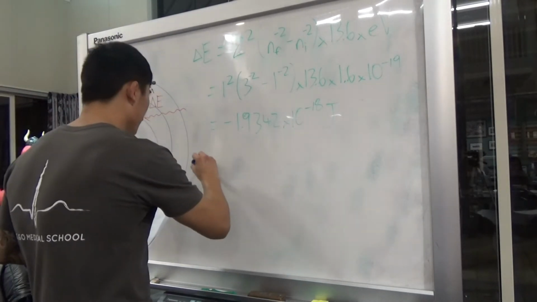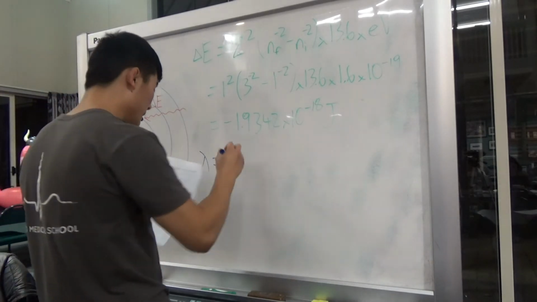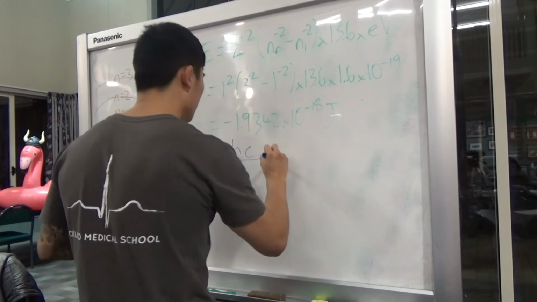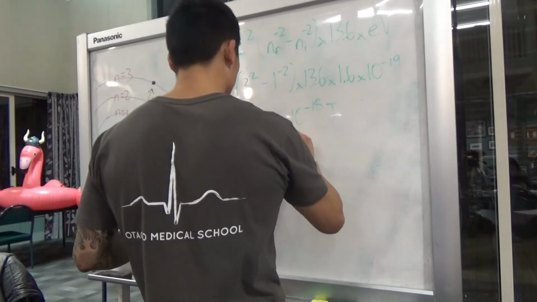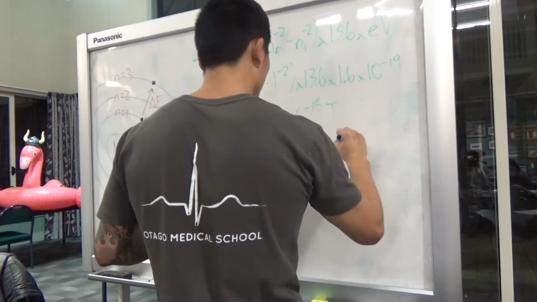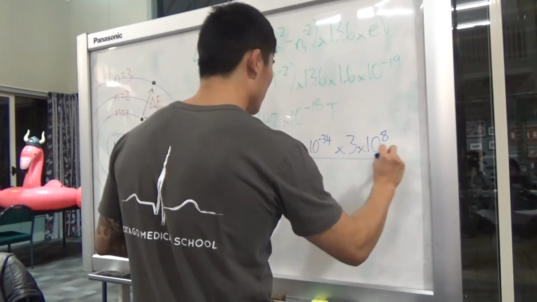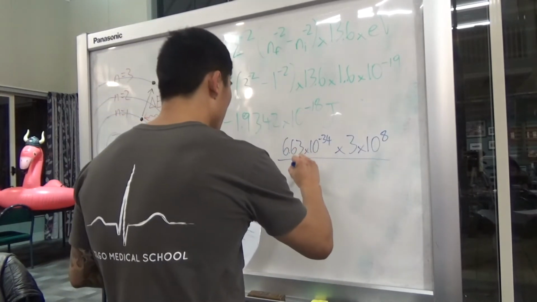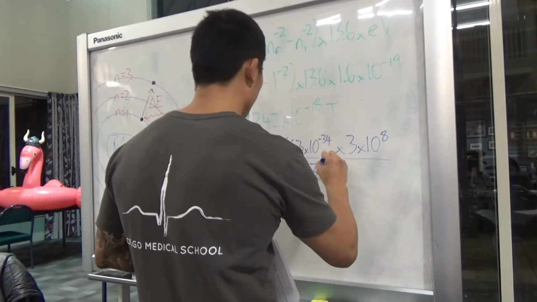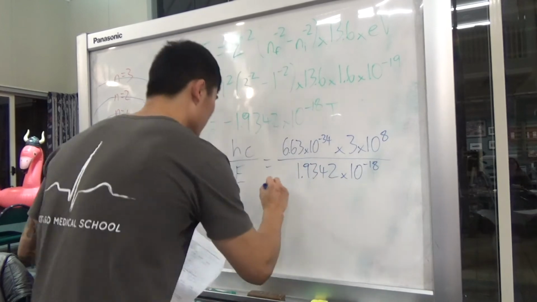So the wavelength is going to be equal to h times c over the energy. So h is 6.63 times 10 to the -34 times our speed of light, which is 3 times 10 to the 8, over our energy, which is, we don't have to worry about the negative sign, 1.9342 times 10 to the -18.